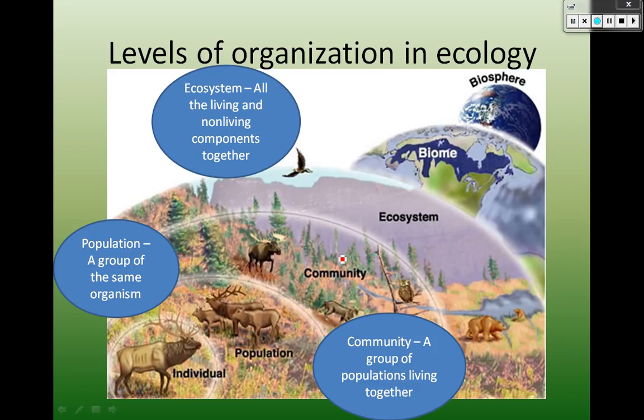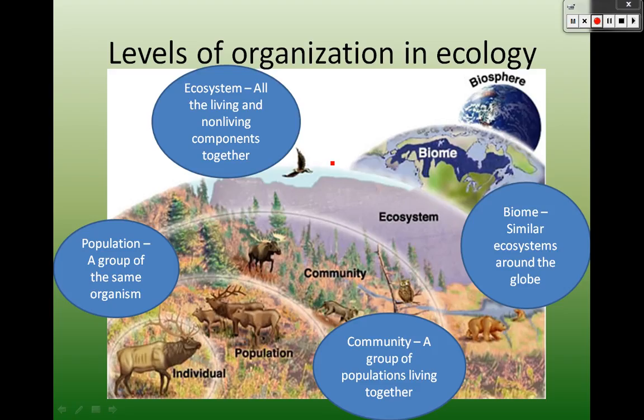The ecosystem is then, now that we've talked about biotic and abiotic, all the biotic and abiotic components together. So it's the streams and the lakes and the air and the rain and the mountains, but then the eagles and the bears and the owls and everything else. We can say all the living and non-living components, or we can be fancy and say all the biotic and abiotic components together.